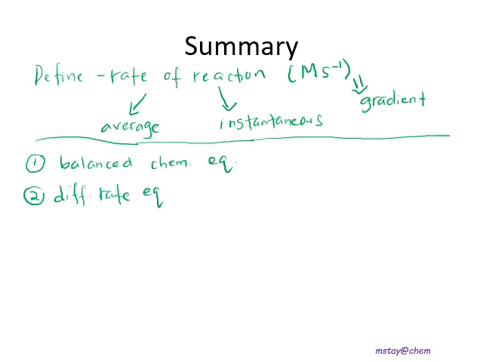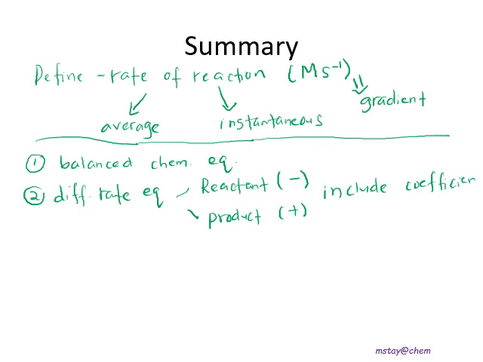When you write it, for the reactants you need to give the negative sign, while for the products you give the positive sign, and also include the coefficient in the balanced equation, which is referred to as the rate of reaction.